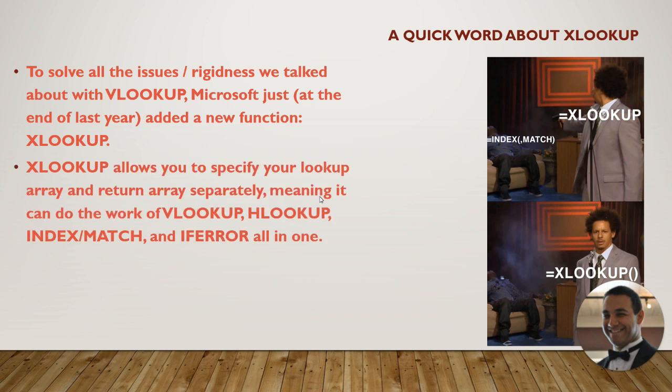XLOOKUP allows you to specify your lookup array and return array separately, meaning it can do the work of VLOOKUP, HLOOKUP, index match, and even if error all in one. But there is a catch. Right now, it's only available on Excel Online.